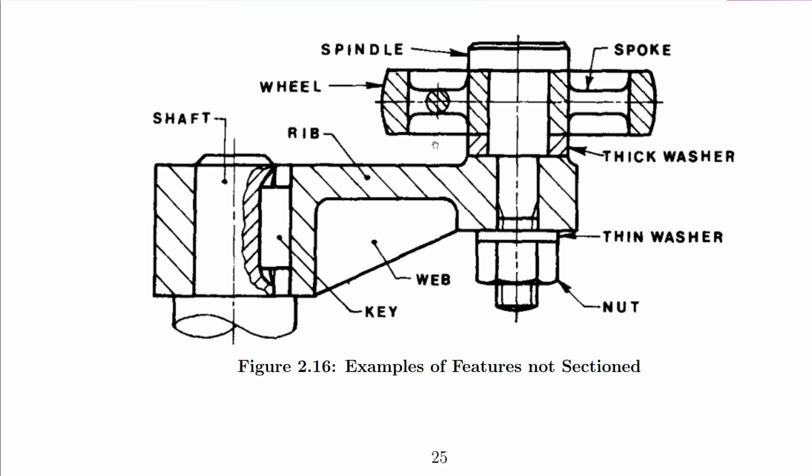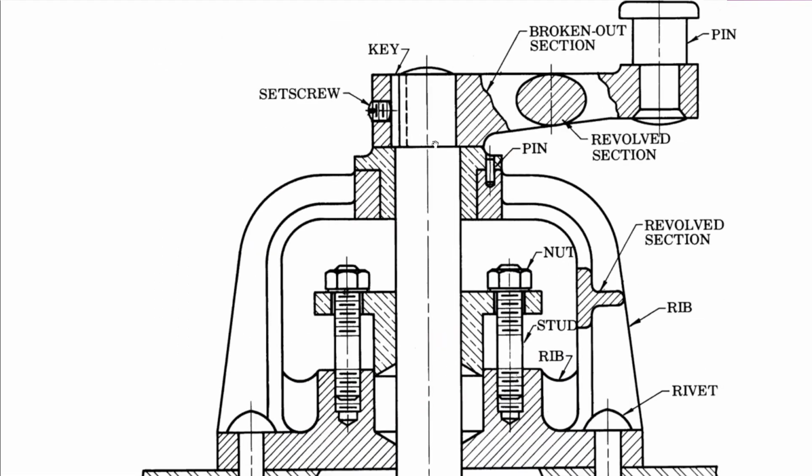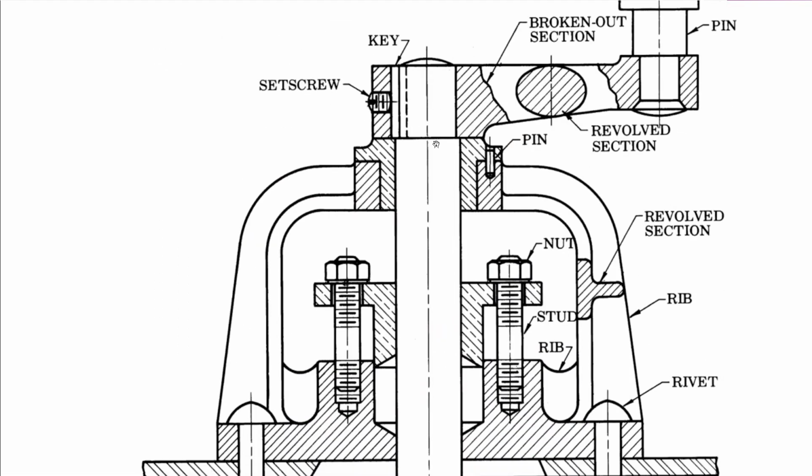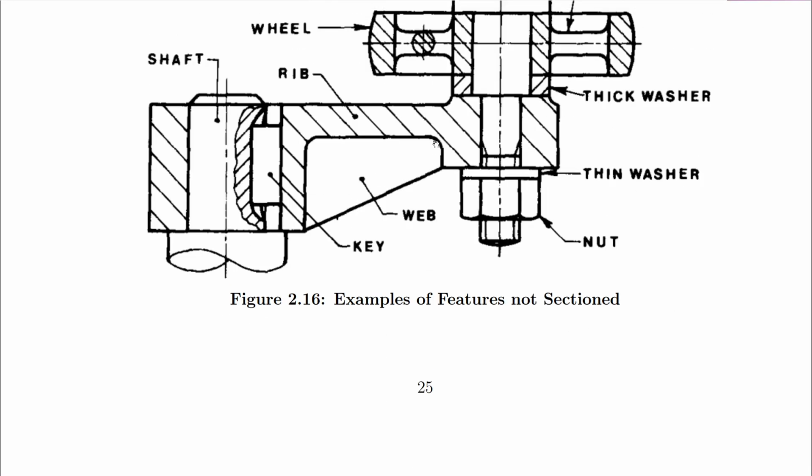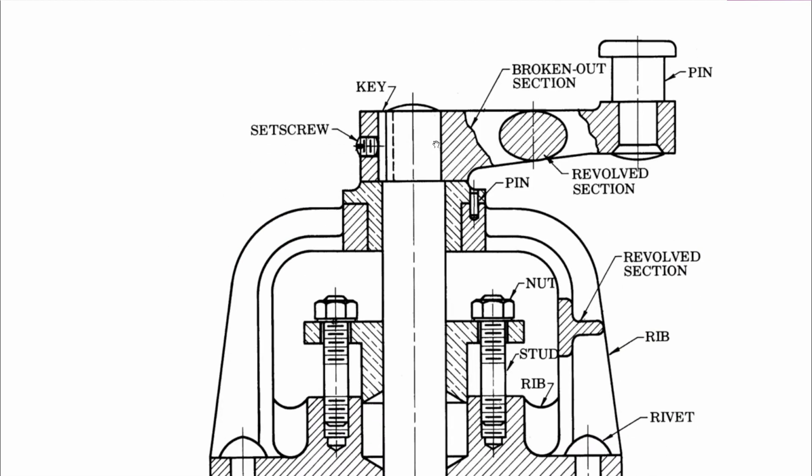All right, so let's also look at this one here. This is another one. In this case we have this object, and there are various features. We have a screw here which has not been sectioned. We have a key, the key has not been sectioned. This is a shaft.